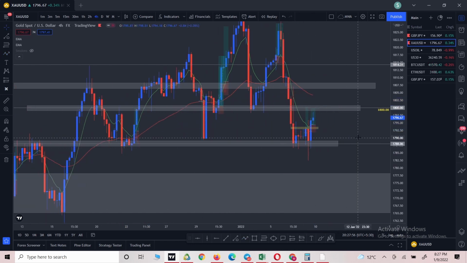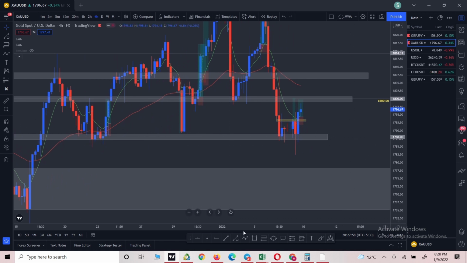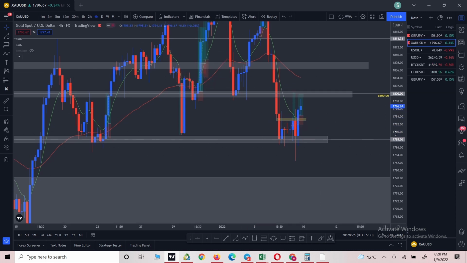So one thing you can see here, if the price coming from the top broke this zone, and right now at this zone, suppose the price is not breaking this zone, so what is the price going to do then? If the price is not breaking this zone to the downside, most likely it will go back and retest the previous zone, which is this one. So this information we can use for our trading.